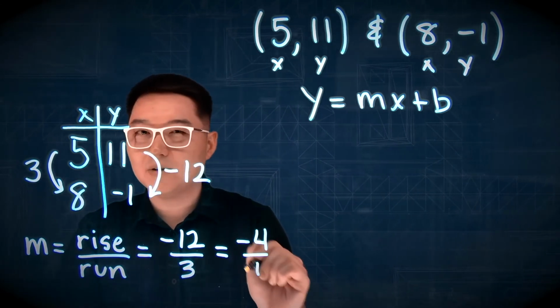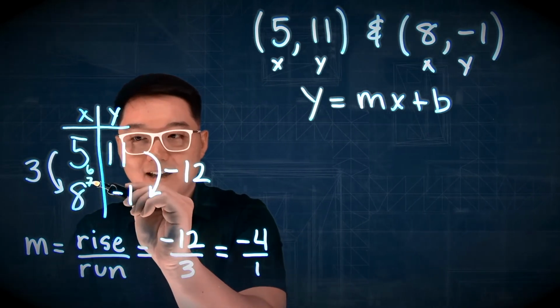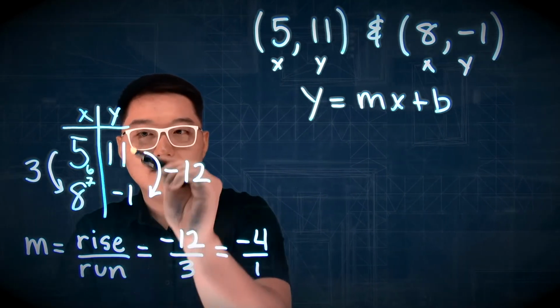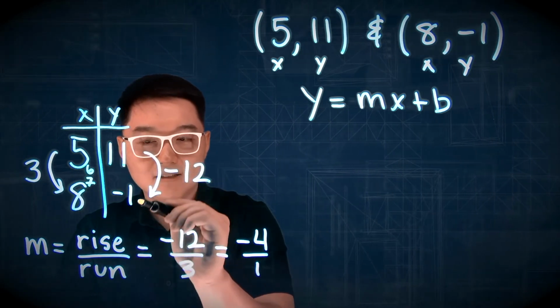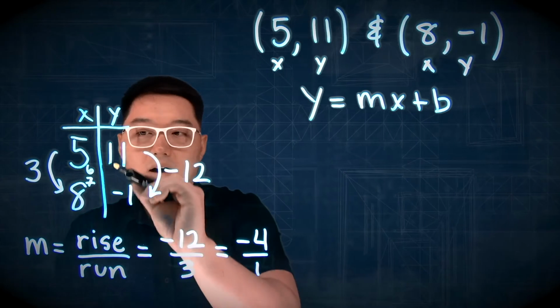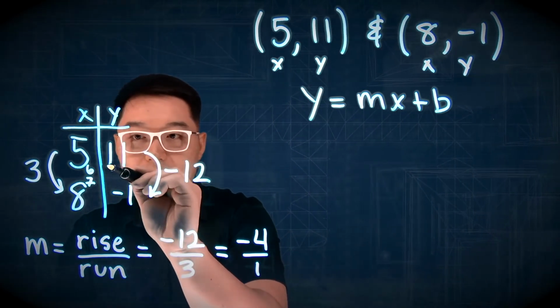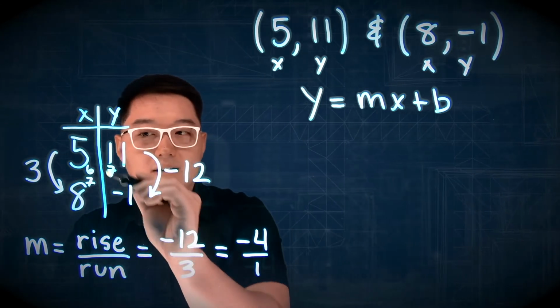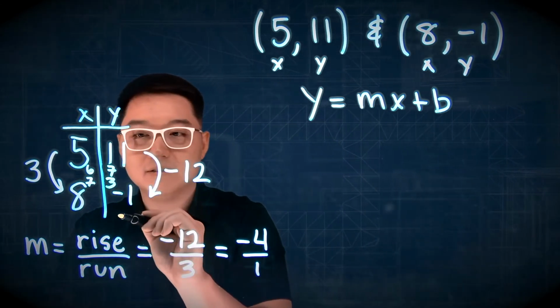You can even check your work to see what happens on days 6, 7, and 8. From 5, 6, 7, 8, would it make sense to be -1? On day 6, if you dropped 4, you're now at 7. But on day 7, you drop 4 again. That just gives us $3.